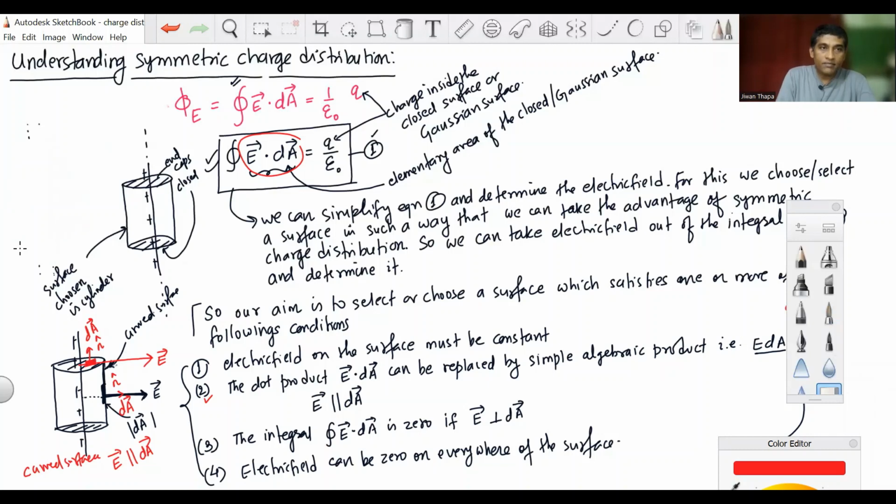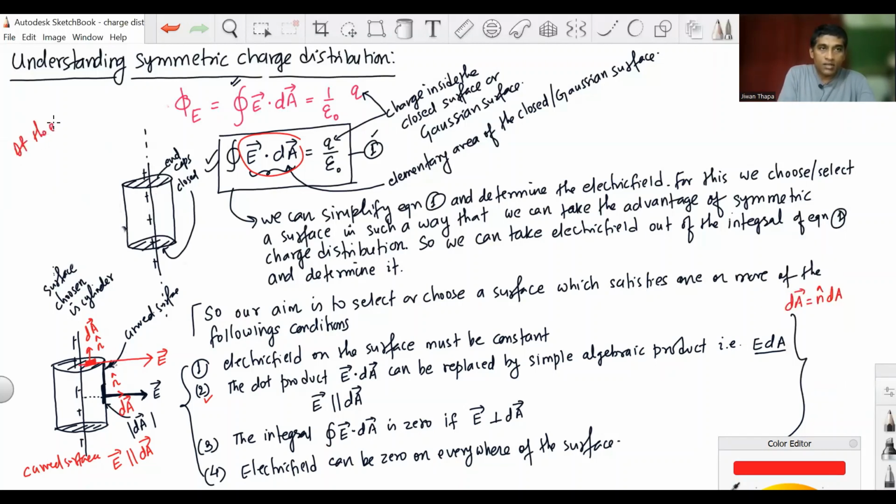So at the end cap, electric field is perpendicular to vector area, because we know positive charge produces electric field in outward direction, and electric field is acting along this way.